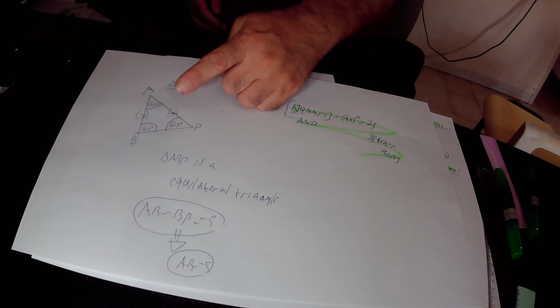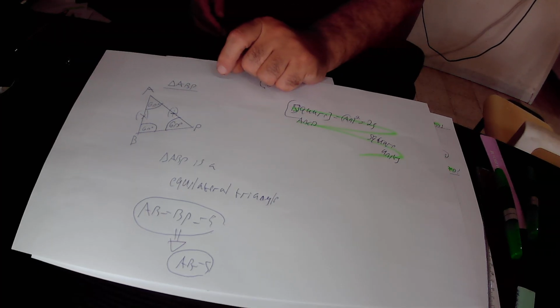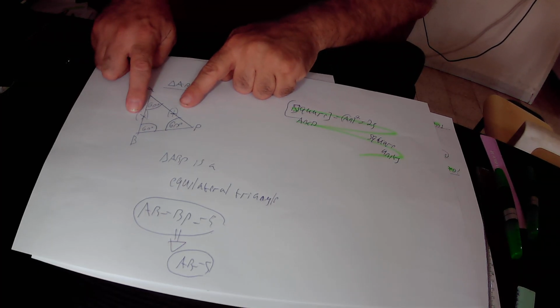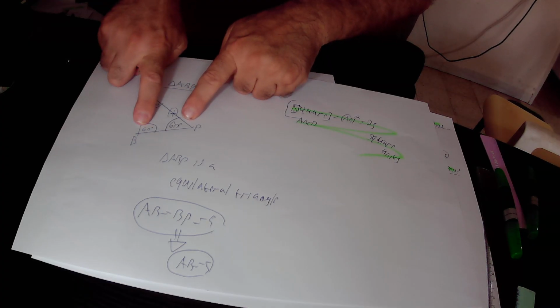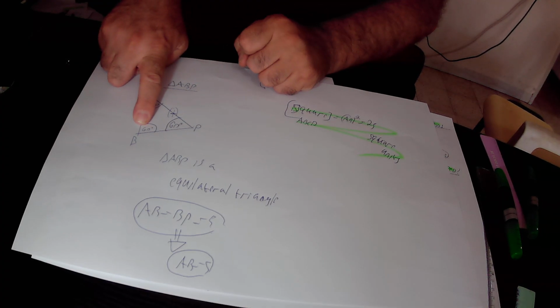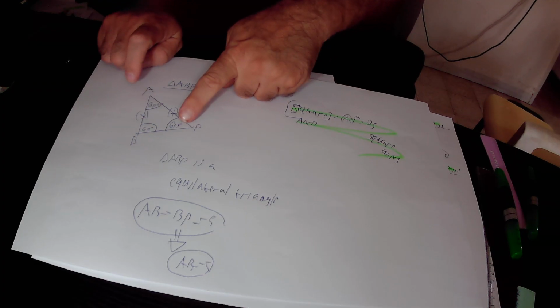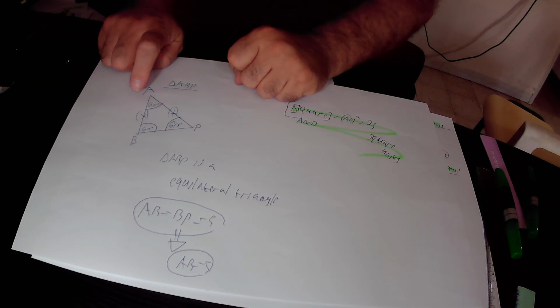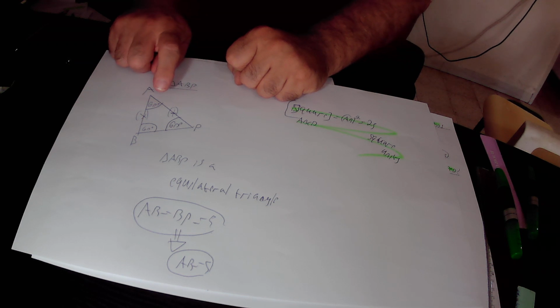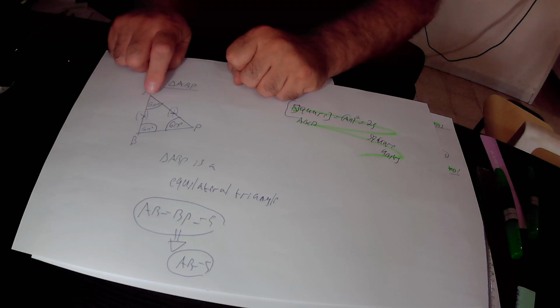In front of those two equal sides, we have two angles that must also be equal to each other in size, but this angle equals 60 degrees, and therefore this angle must also be equal to 60 degrees. 60 degrees plus 60 degrees is 120 degrees, and therefore this third missing angle must be equal to 60 degrees in size, according to the rule that the sum of the angles in any triangle is equal to 180 degrees.